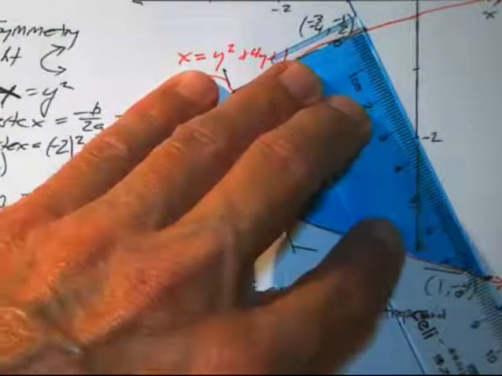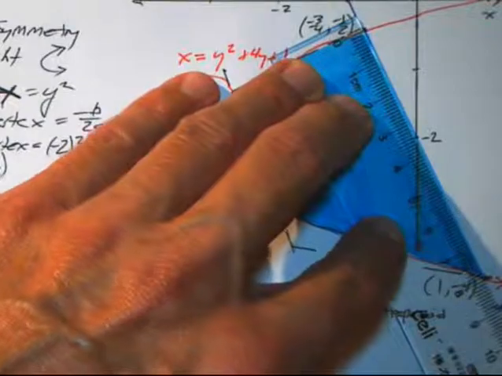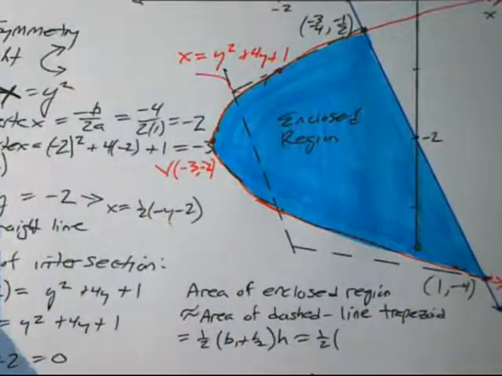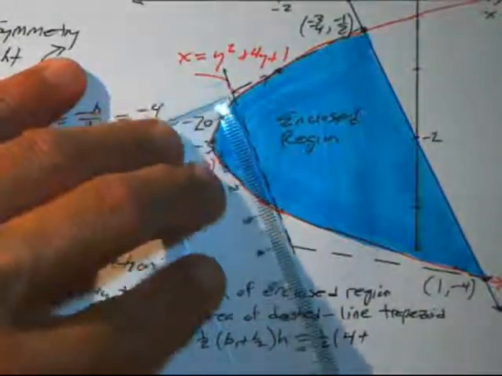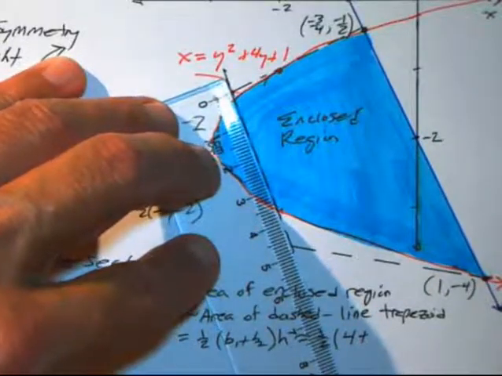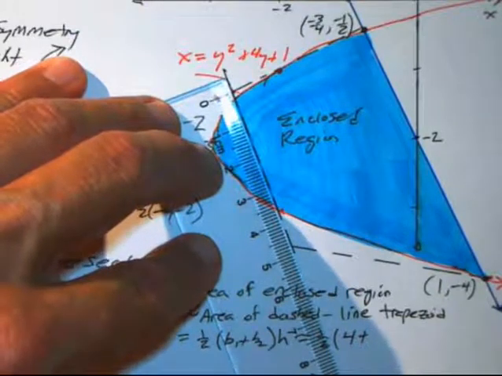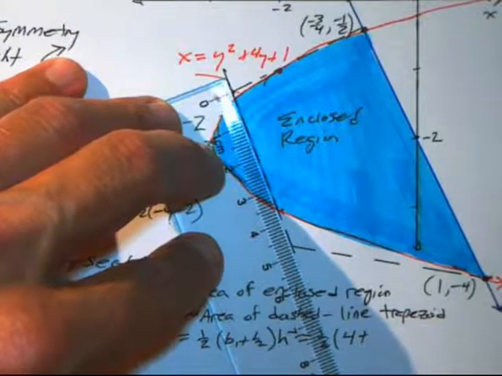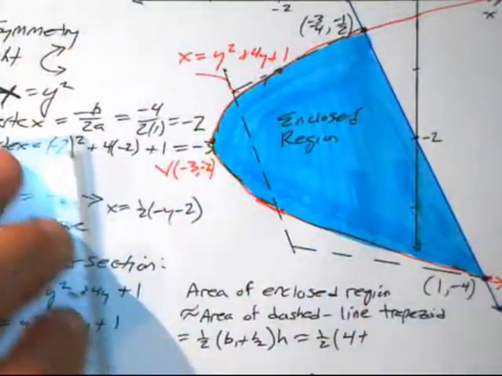Okay, about 8 centimeters, so that's going to be 4 units. Remember, 1 centimeter is a half unit. Second base running at about, say, 4.8 becomes, say, 2.4 units.